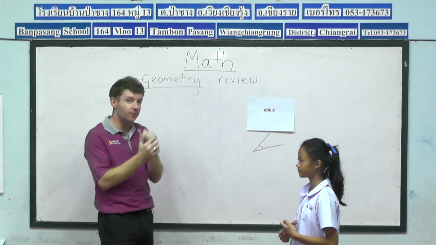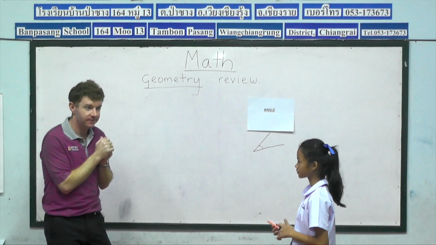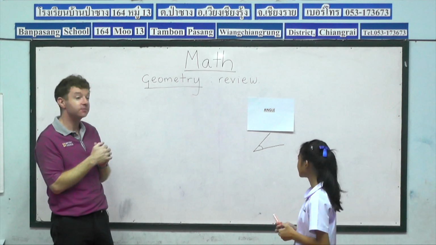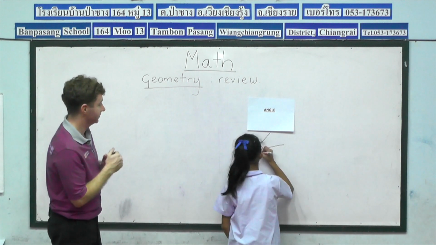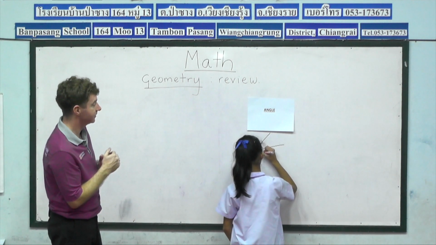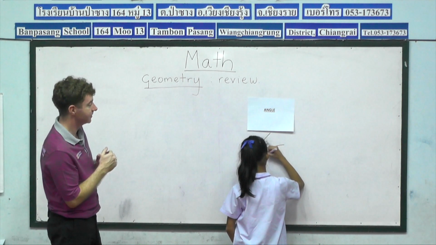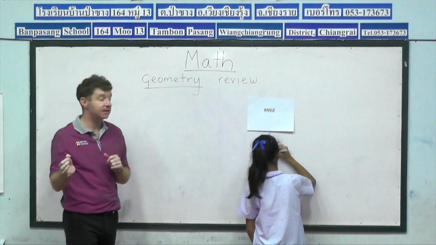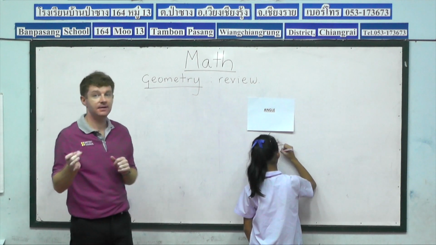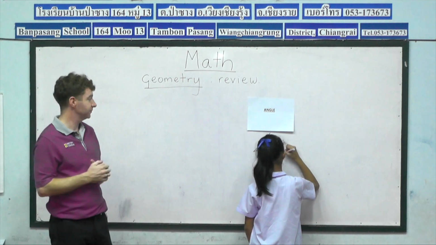Smaller. Can anybody remember what we call that type of angle? Acute. Okay? So we'll spell together A, C, U, T, E. And then angle A, N, G, L, E. Excellent, Dan.